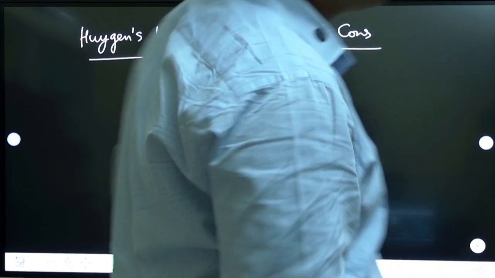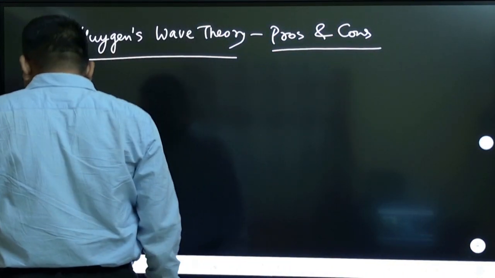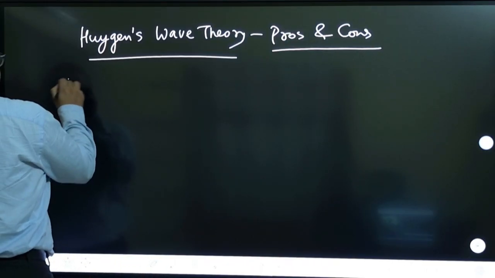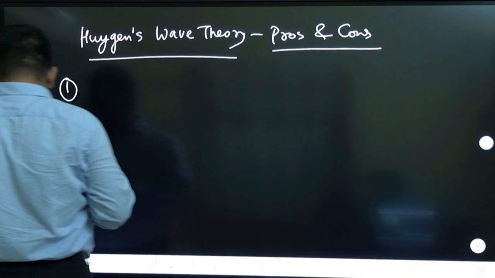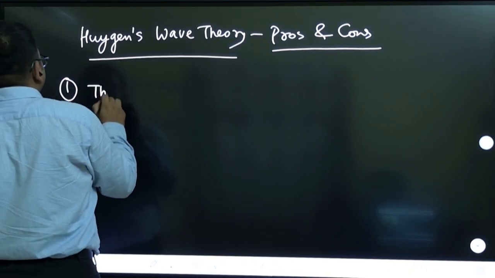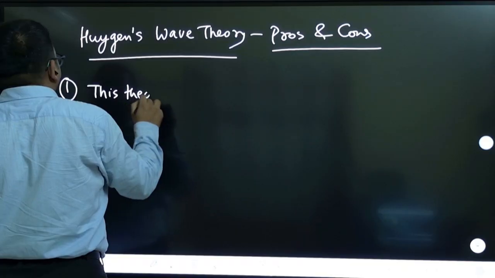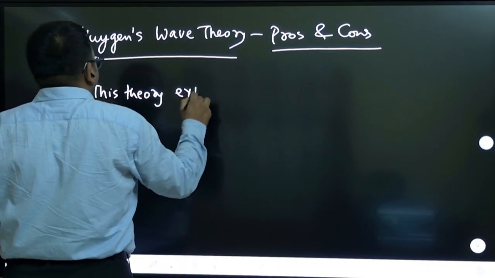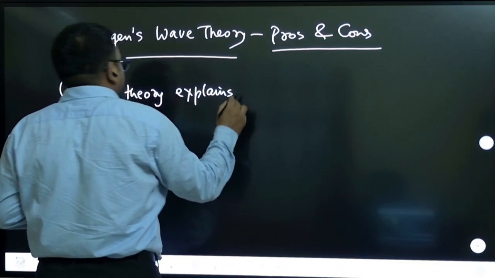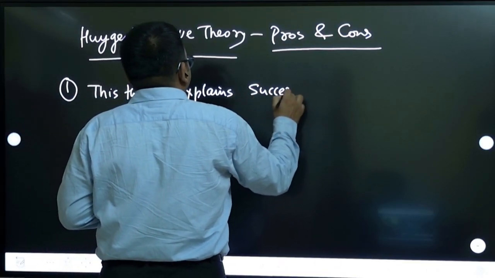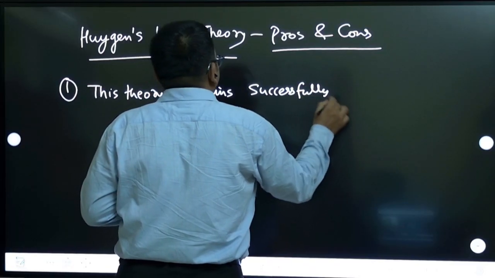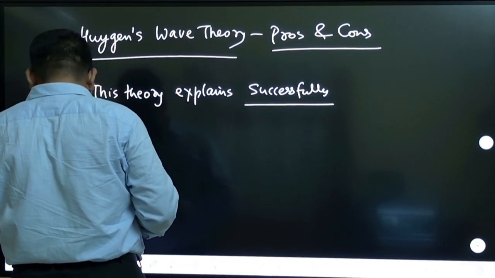This theory was a good theory, so mostly it was accepted. So let us note first wave theory, or this theory explain successfully. What are the things it can explain successfully?